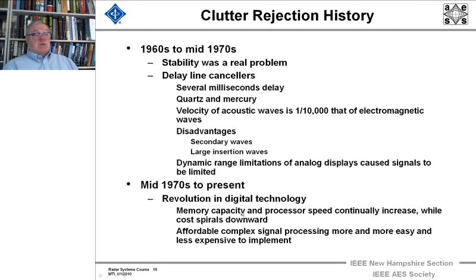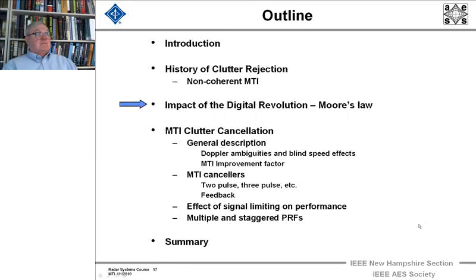And memory capacity also had to get up there, so it was cost-effective too. So you have to have cost-effective processor speed and memory capacity. And they're continually increasing, and the cost spiraled downward to the point where affordable complex signal processing was more and more easy and less expensive.